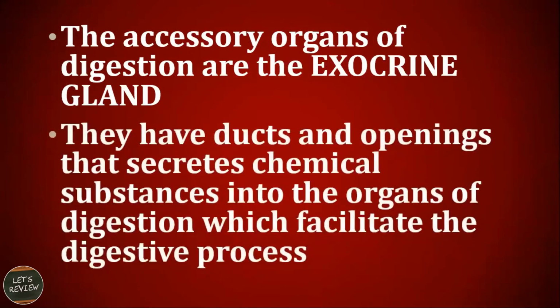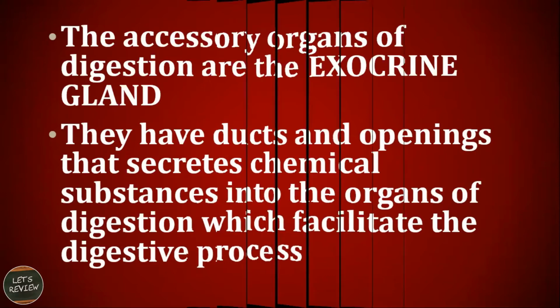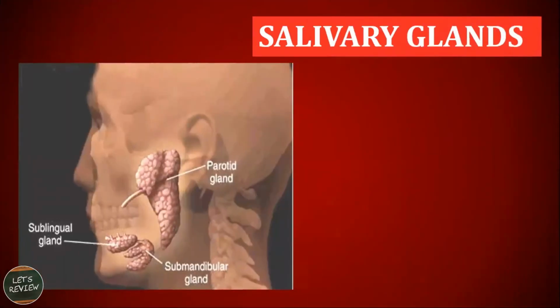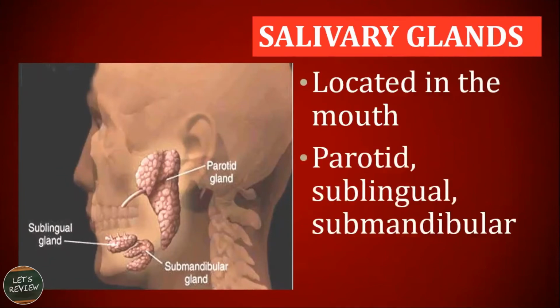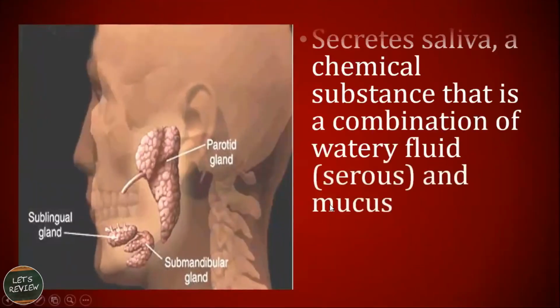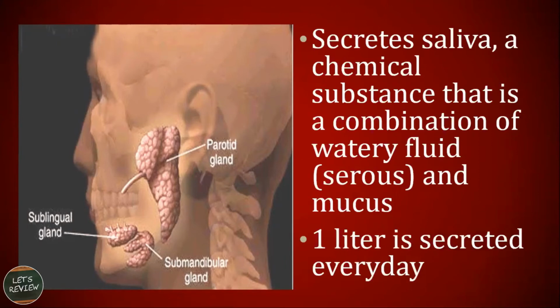They have ducts and openings that secrete chemical substances into the organs of digestion, which facilitate the digestive process, like the salivary glands that are located in the mouth, composed of the parotid, sublingual, and submandibular glands. They produce saliva, a chemical substance that is a combination of watery fluid, serous fluid, and mucus. You can produce 1 liter of saliva every day.